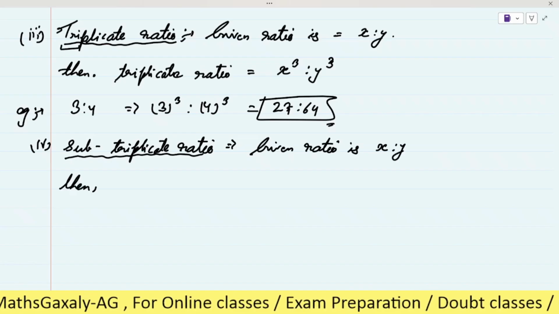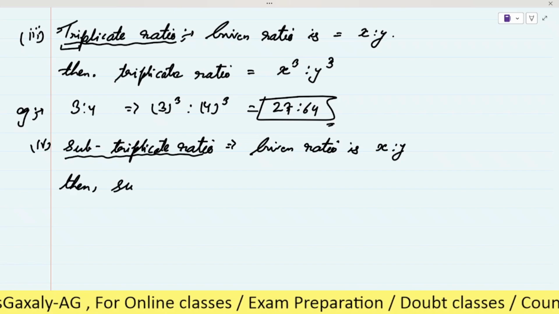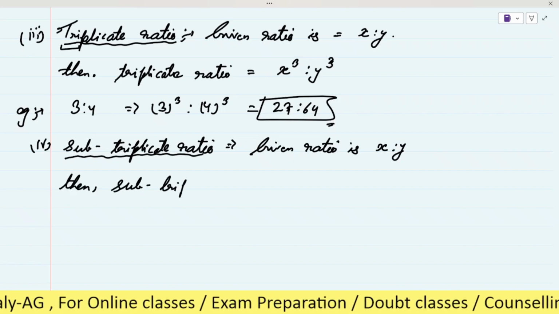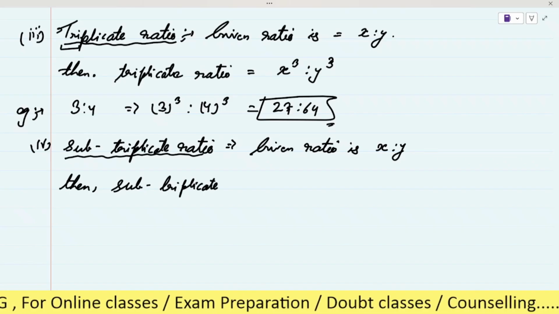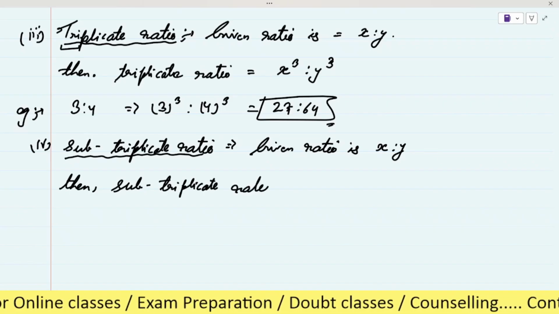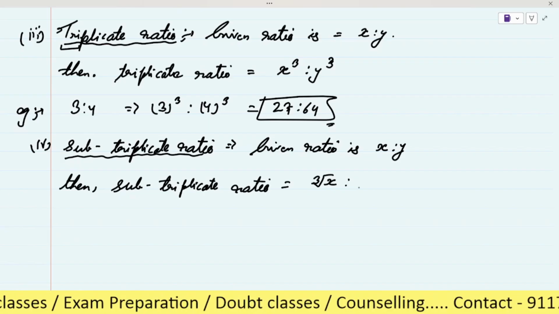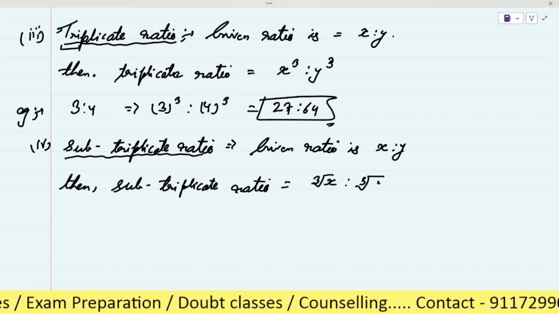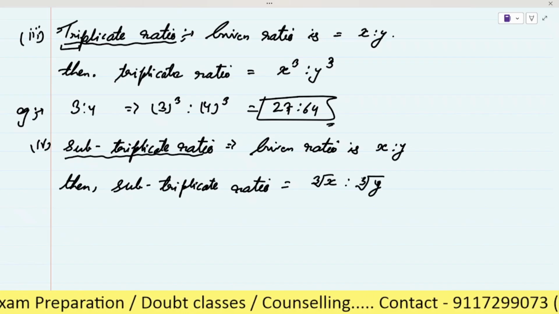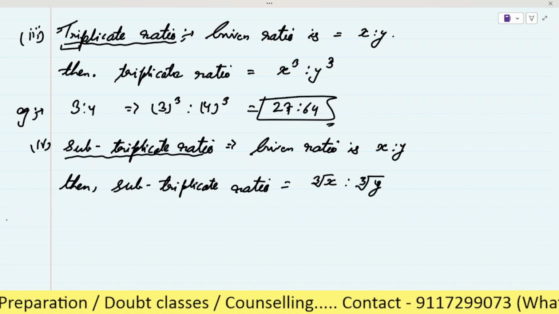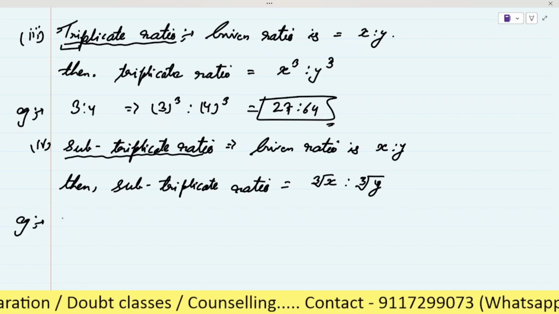Then the subtriplicate ratio will be cube root of x is to cube root of y. Okay, is it clear now, or any doubt?